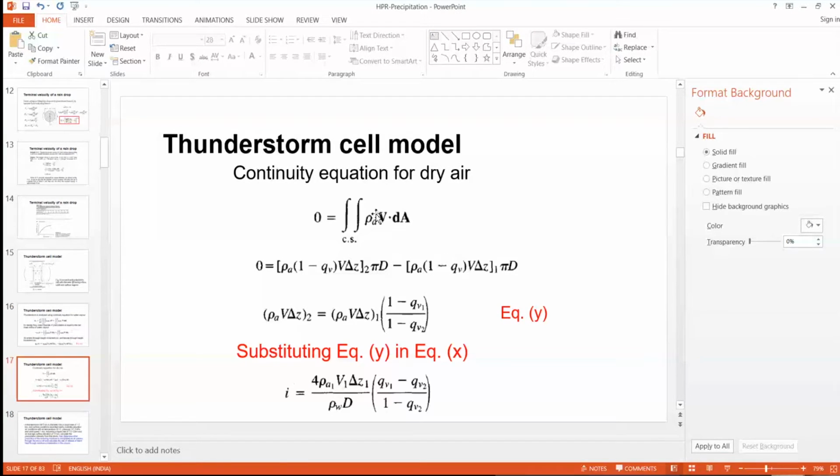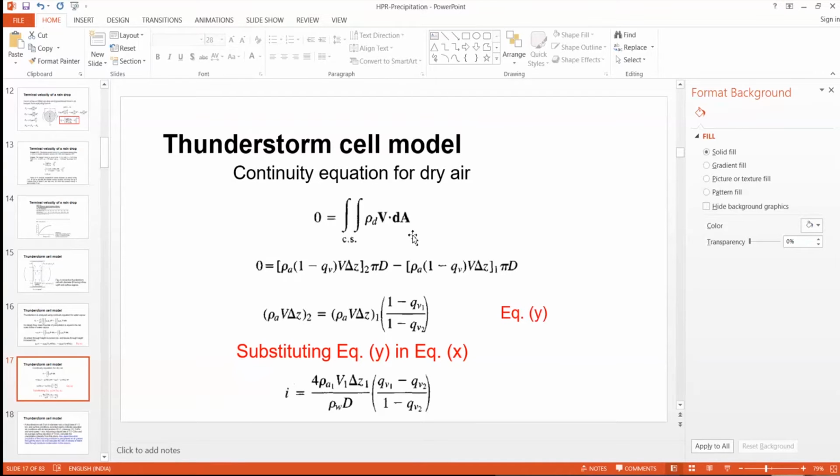Because at the inflow and outflow, moisture is coming in as well as dry air, and from the outlet moist air is going out as well as dry air. So we have to apply the continuity equation for both moist air and dry air.